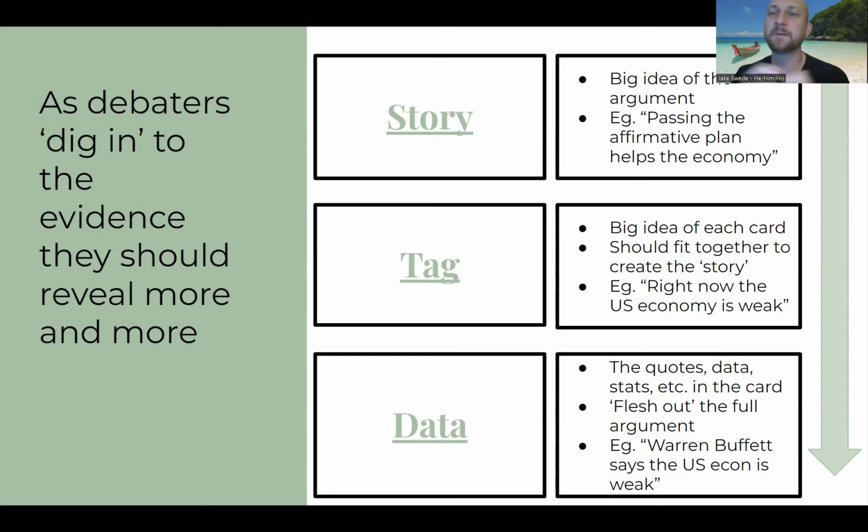And those are going to really help the debaters get into those later parts of the season and say, well, my story is true because my uniqueness says the US economy will be weak, and my card has statistics, it has historical data, it's from a great source, it's much better than the negative's argument because theirs doesn't have good sources, or it's not historically true, or their author is not qualified, or something like that, right? This is where the actual in-depth debating happens.